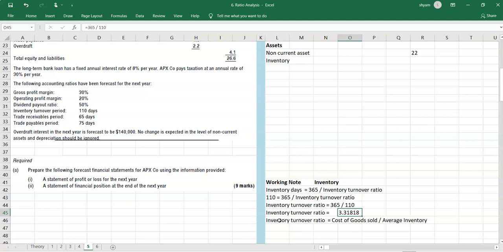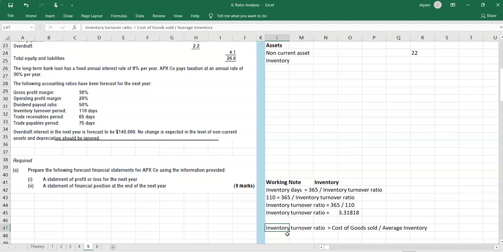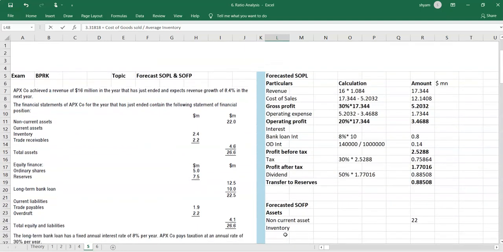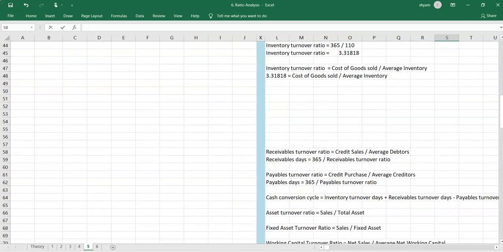The inventory turnover ratio is 3.31818. And the cost of goods sold we have already found out. It is 12.1408. We can get that number.